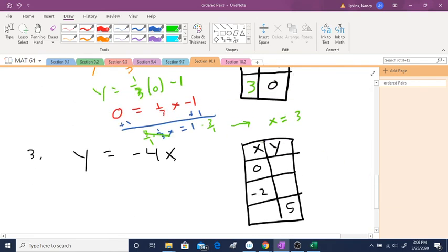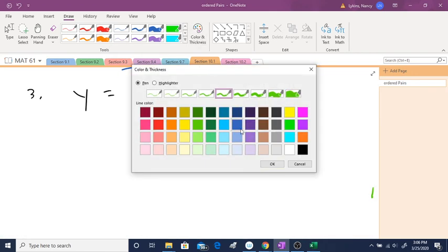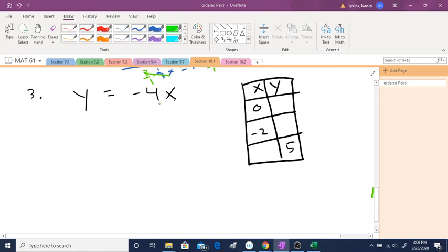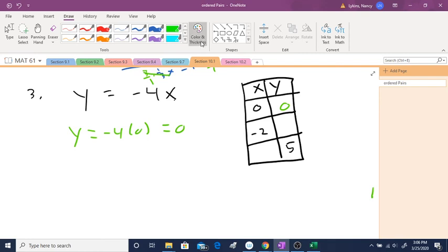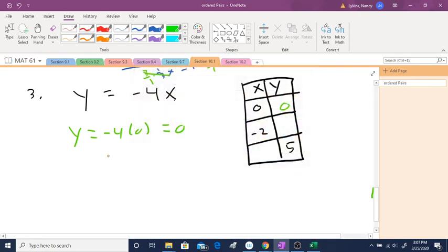And the final problem from this section, I'm going to use y equals negative 4x. I'm going to say y equals negative 4 times 0, which is 0. See, I like when x is 0. It just makes solving this a whole lot simpler.